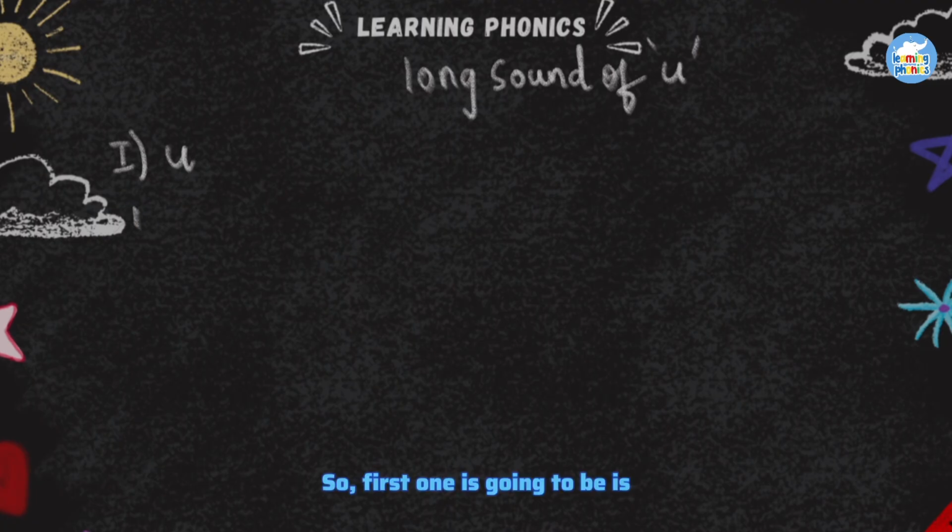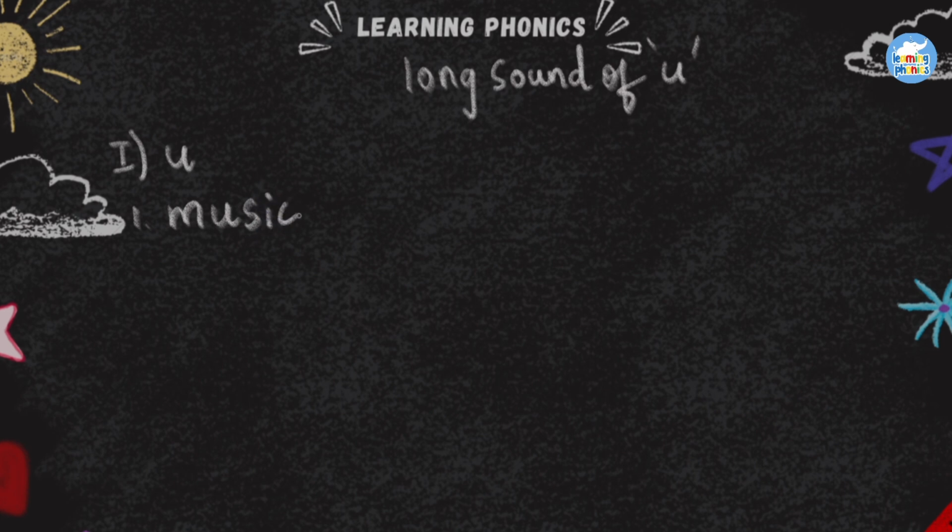Let's get started with the first part, that is U. The U vowel is going to say its name, instead of the short sound. The first one is music.